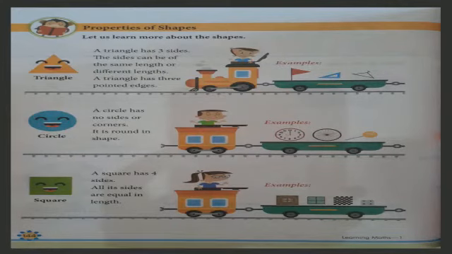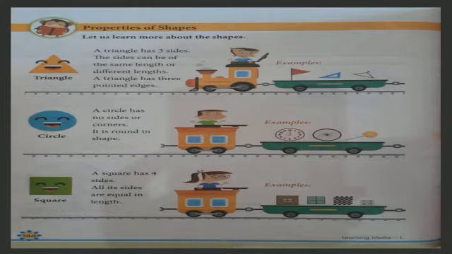Now, we will learn the properties of shapes. First is a triangle. As you can see in the picture, triangle has 3 sides and 3 corners. The length of all 3 sides may be same or different.